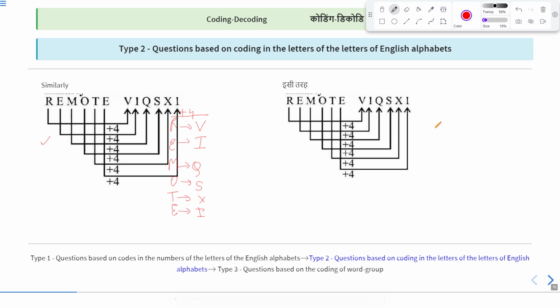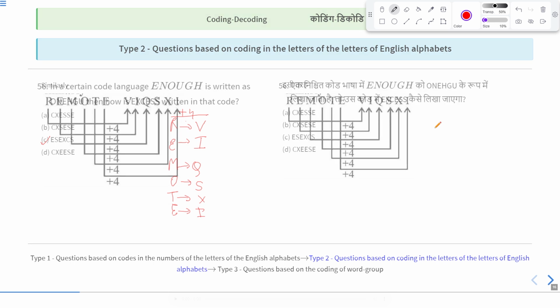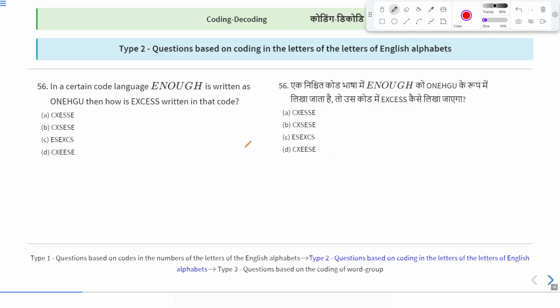Putting plus 4, REMOTE becomes VIQSXI. Yeah, that's how it is.